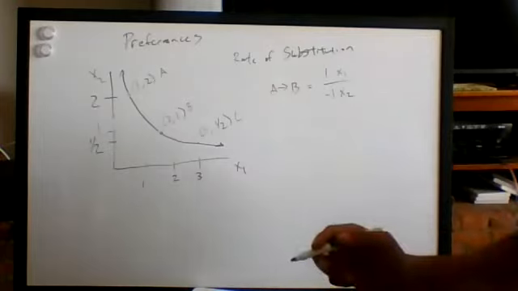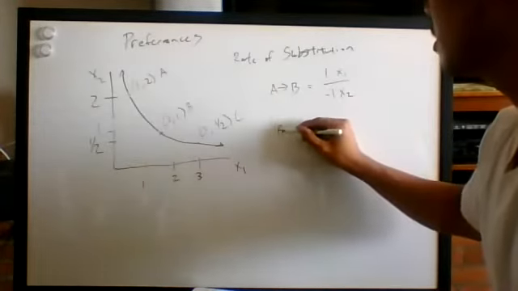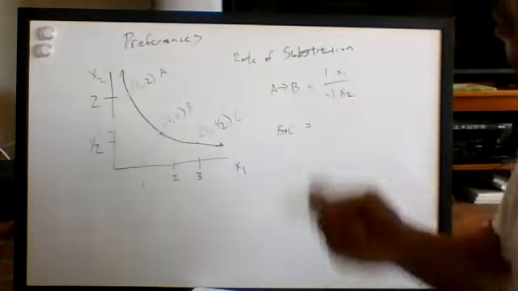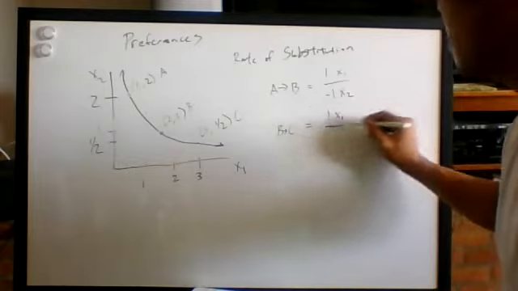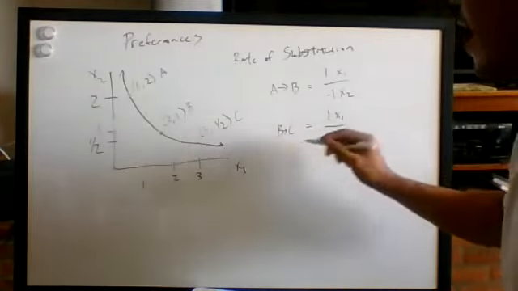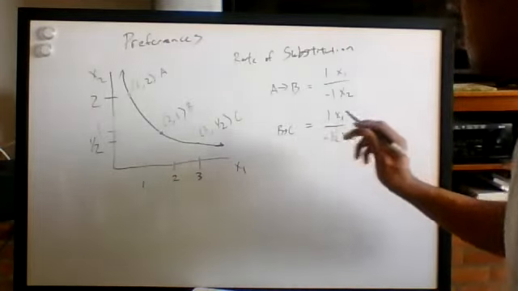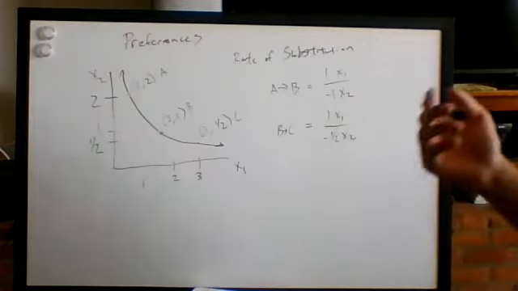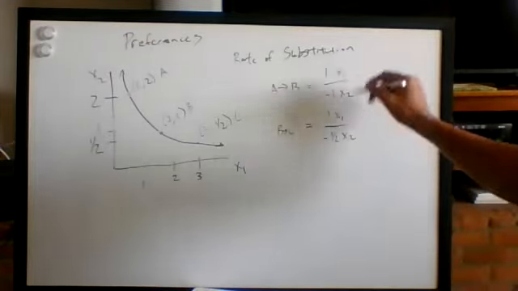And going from B to C is going to be a different relationship, right? We received 1 x1, but we lost only a half of good 2, negative 1/2 x2, right?